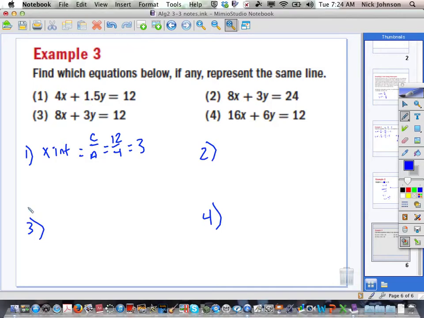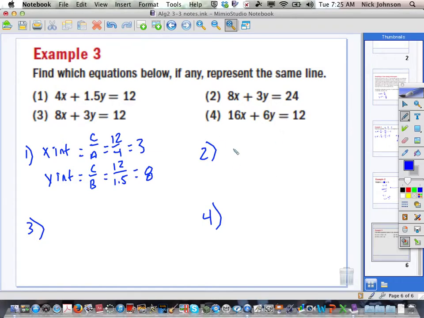My y-intercept is c divided by b, which is 12 divided by 1.5, my b, which equals 8. Okay, now we're just seeing if these match up with any other ones.